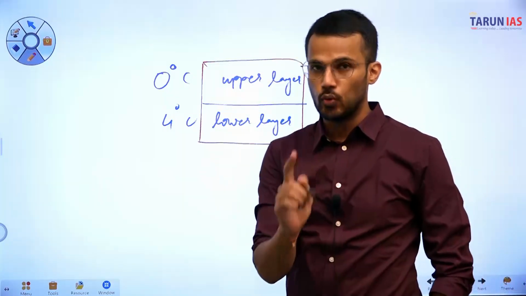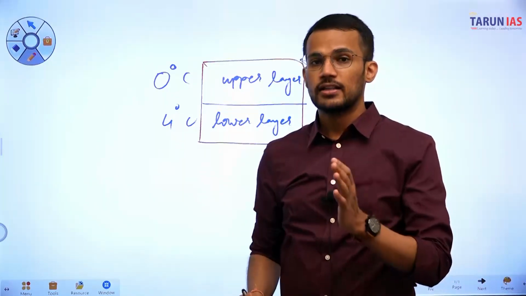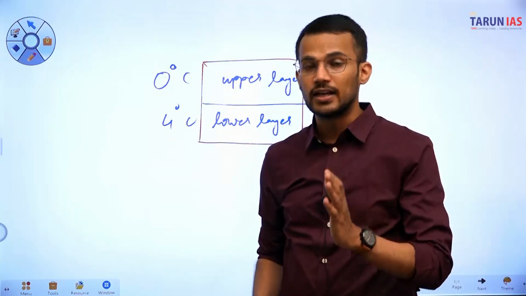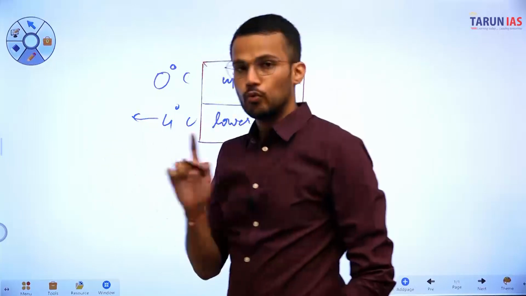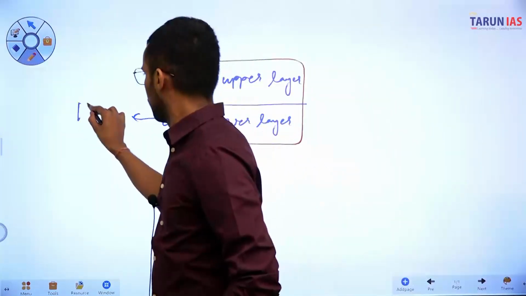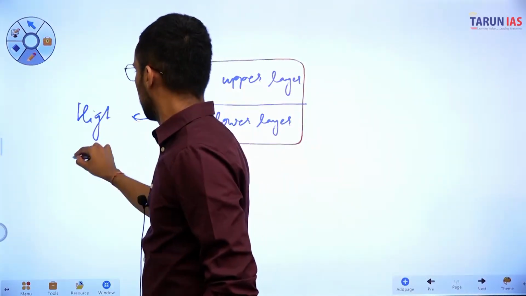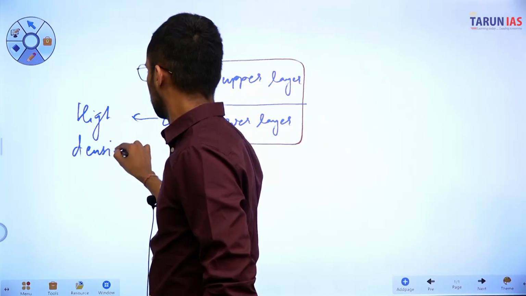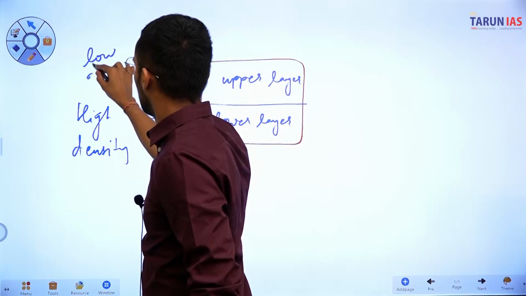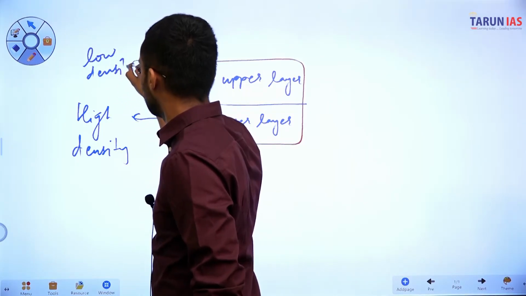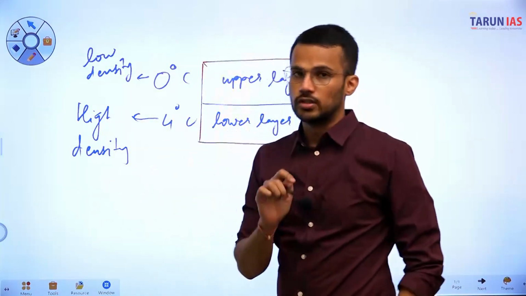Why are we taking 4? Because we have discussed that the density of water is highest at 4 degrees Celsius. So its density will be high compared to this water, which is at low density, and this is the property exhibited by water.